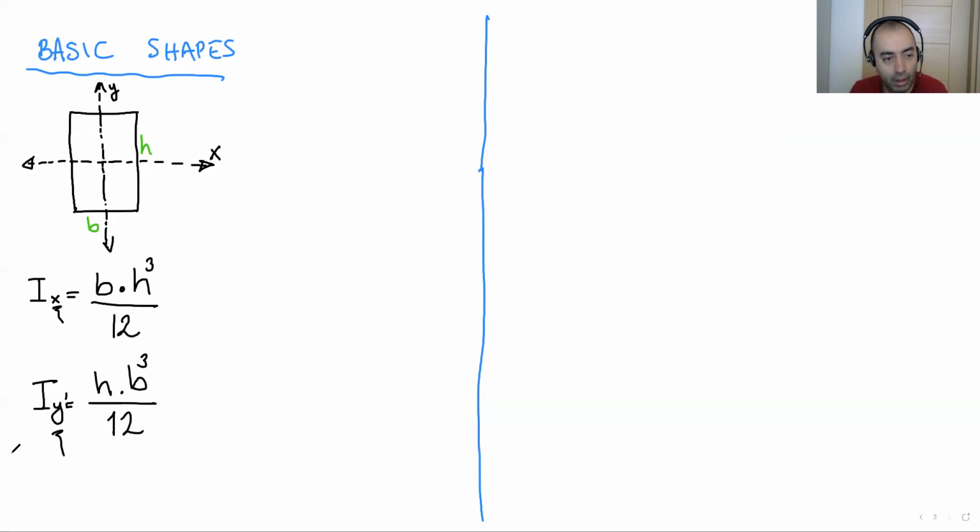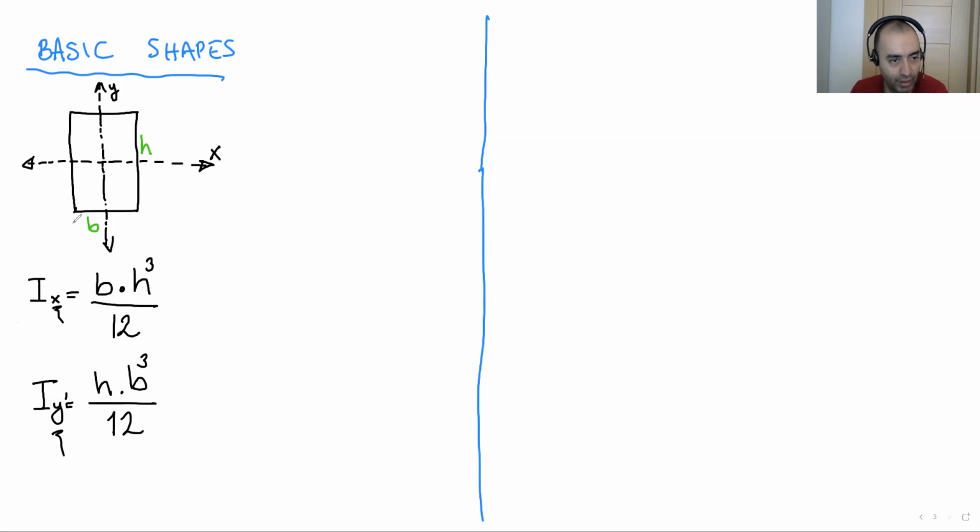So you can memorize these equations, which are b times h cubed over 12, or h times b cubed over 12. That's okay. But when we change the shape of the system, you can mix them up. That's why the basic logic is like this.